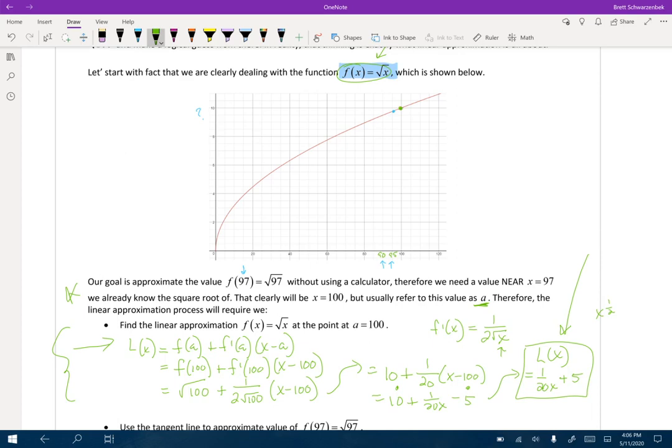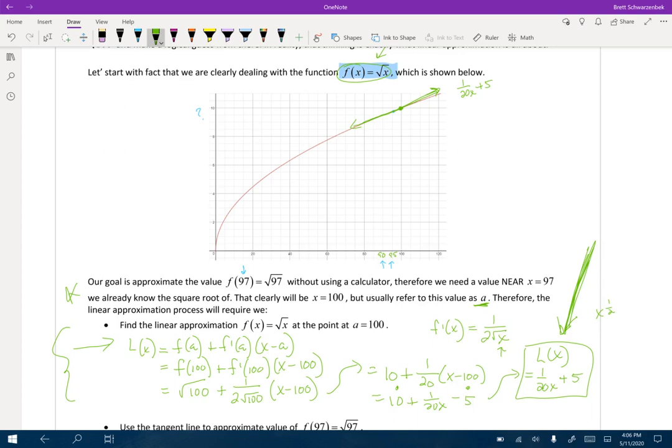What we do is develop a tangent line that goes through 100 on our graph, like this. It goes right through our graph. Guess what? That equation is 1/20th x plus 5. Even though these two lines share a point at 100, note that they're not going to share any other point.